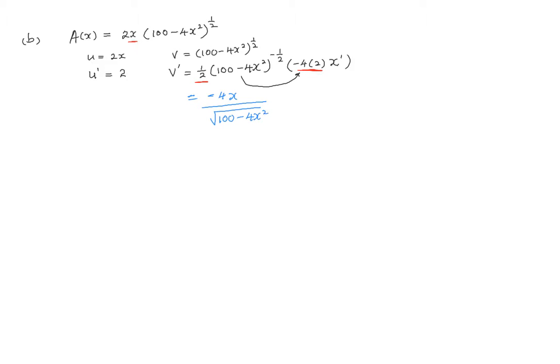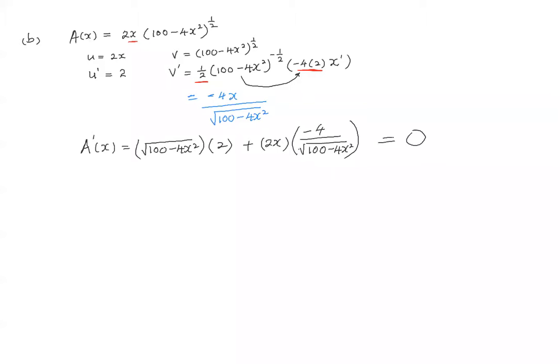Okay, then you put into the product rule formula: v u prime plus u v prime. So you can straight away equate this equal to 0.